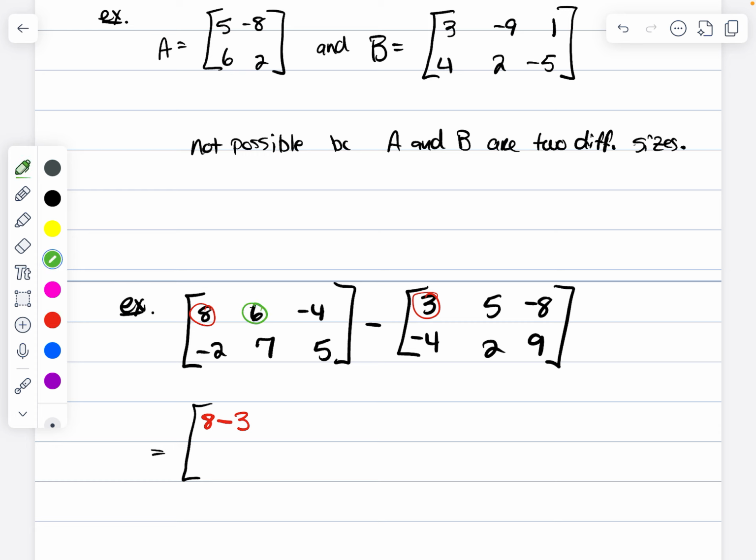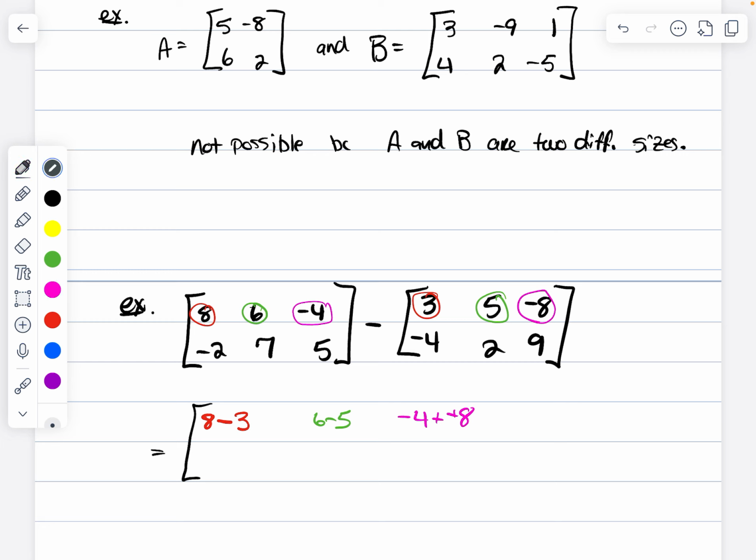For the second, we would take 6, subtract 5. For the next one, negative 4 minus negative 8. Don't get tripped up by that. We know two negatives just means positive. And then we would keep going.